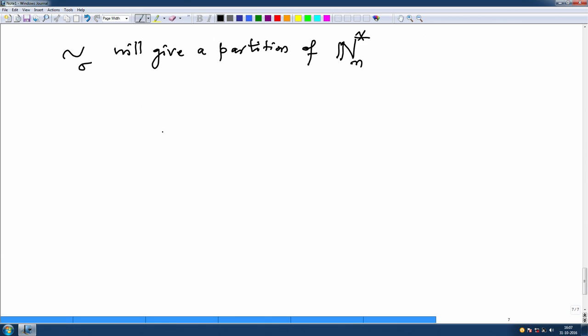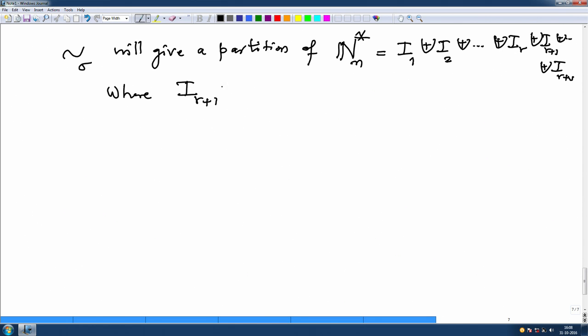In this partition some elements could be singletons, some may not be singletons. So we have written this as I_1 disjoint I_2 disjoint up to I_r, and the remaining ones, I_{r+1} union up to I_{r+s}, where I_{r+1} is a singleton.